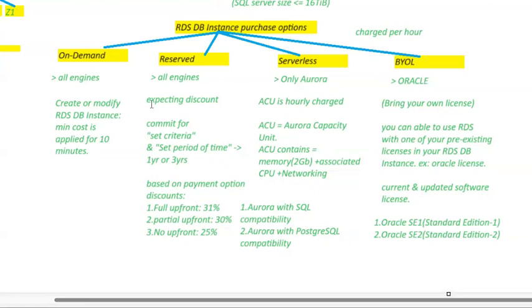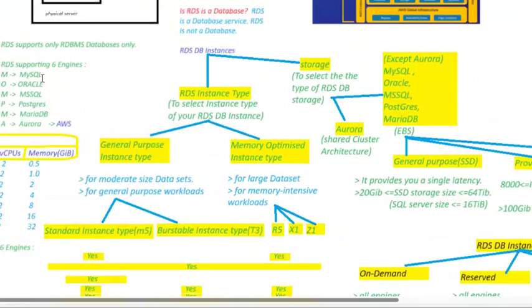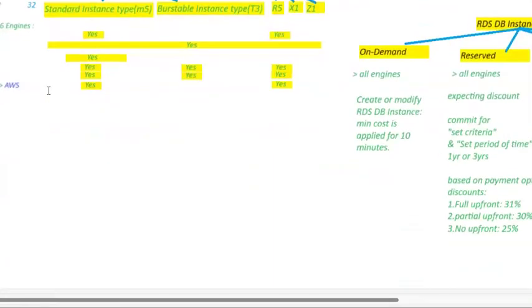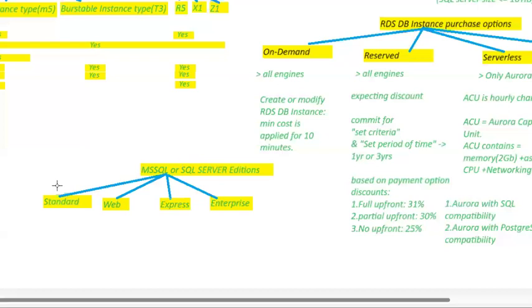Coming to the remaining instance types, MS SQL, or we can say SQL Server, also has some supported editions. What are the supported editions for MS SQL or SQL Server?